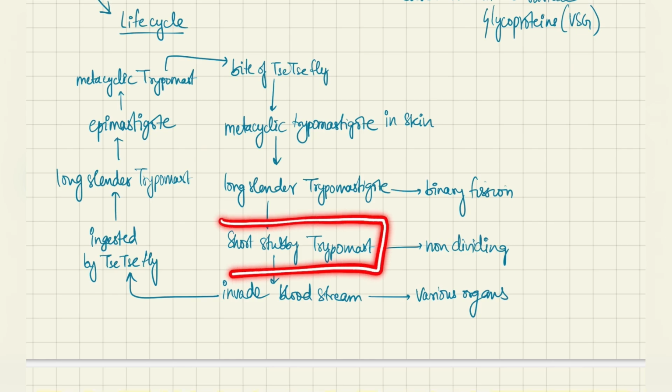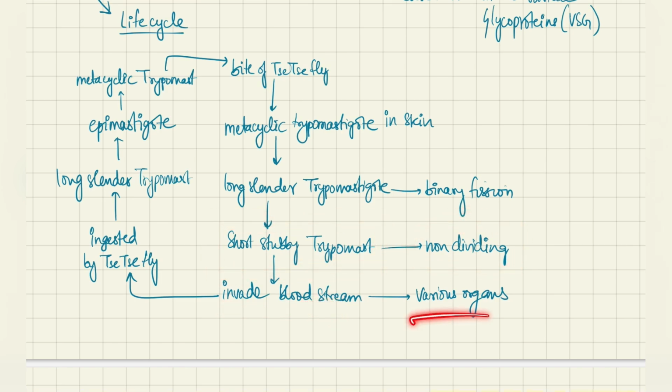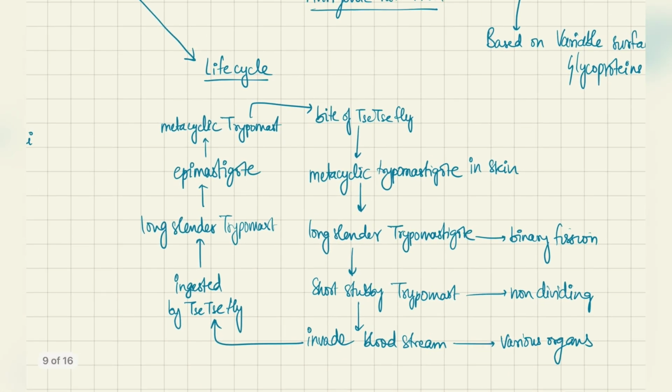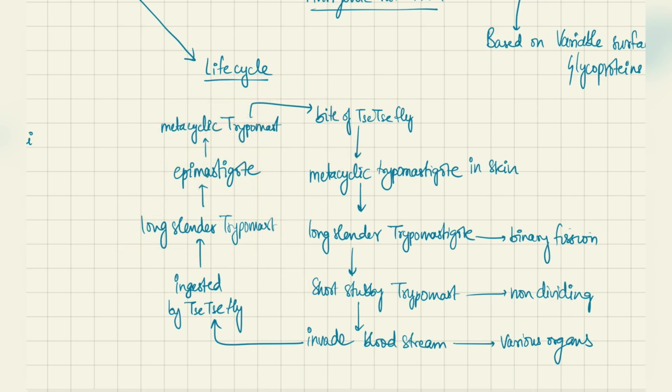Then they form short stubby trypomastigotes, which are non-dividing, which invade the bloodstream and go into various organs, and at the same time are also ingested by the fly again. Inside the fly they convert into long slender trypomastigotes again, then epimastigotes, and metacyclic trypomastigotes, which bite the human again.